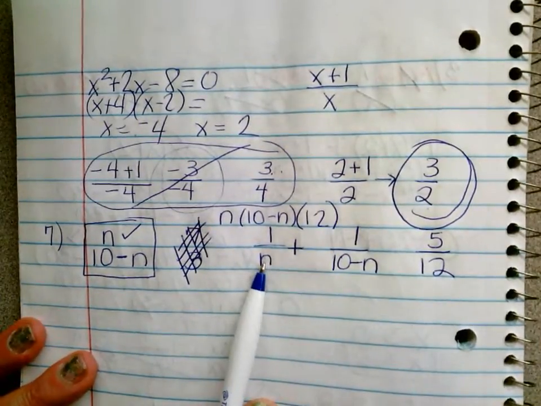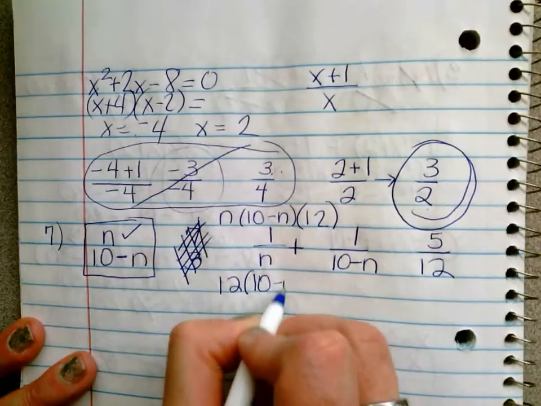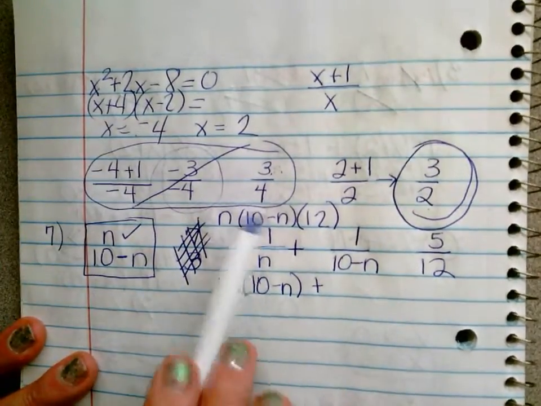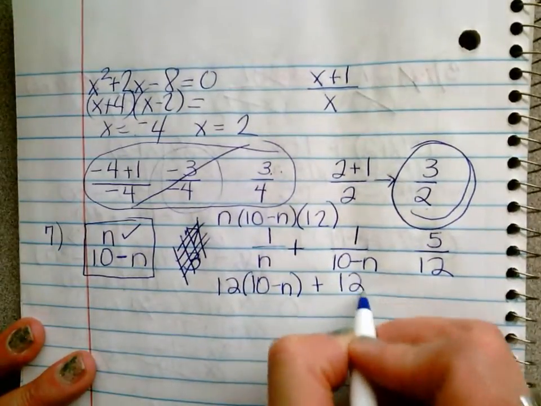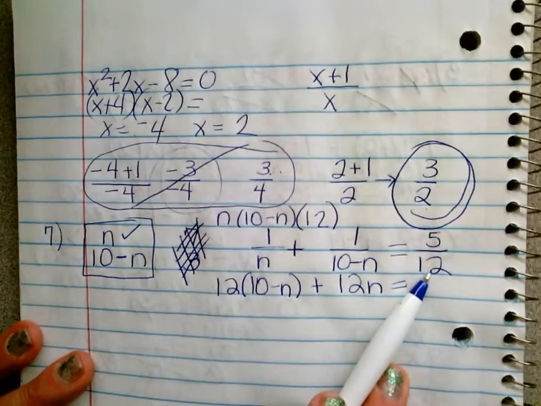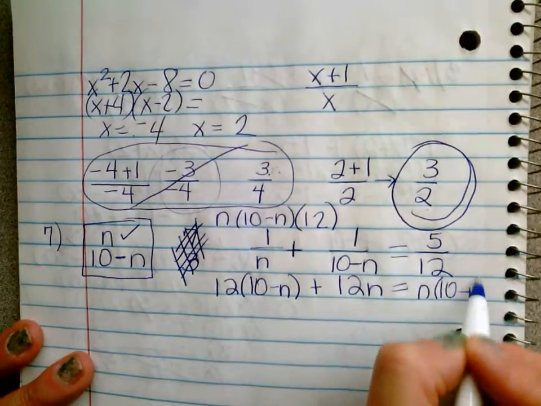In the first position, the n's cancel out, which leaves me 12 times 10 minus n. In the second position, the 10 minus n's cancel out, leaves me 12n. And in the third position, the 12 cancels out, leaves me n, 10 minus n.